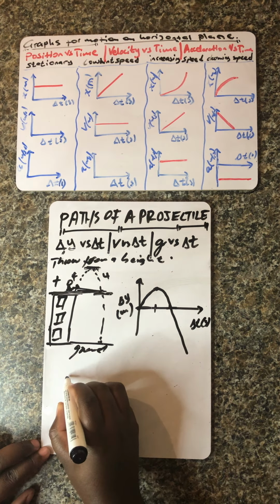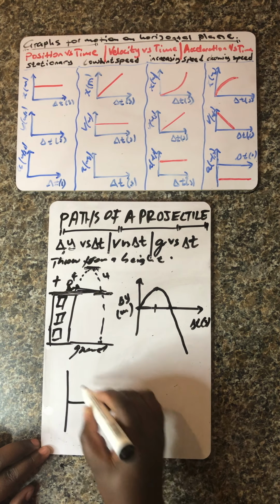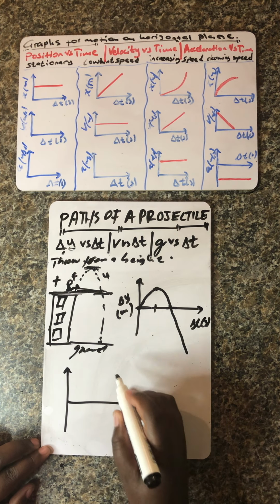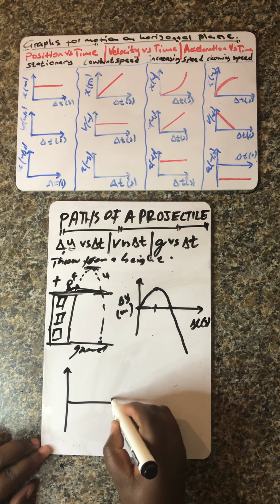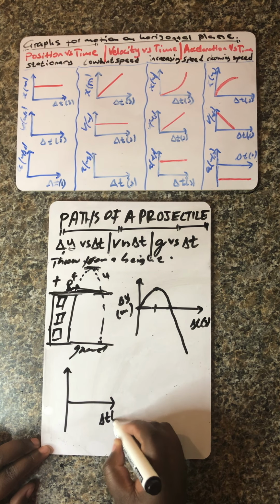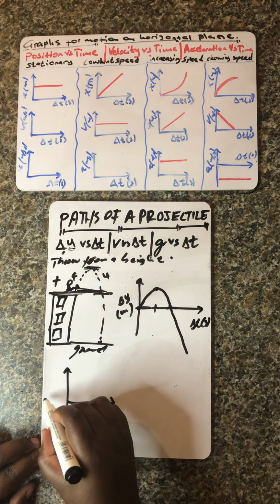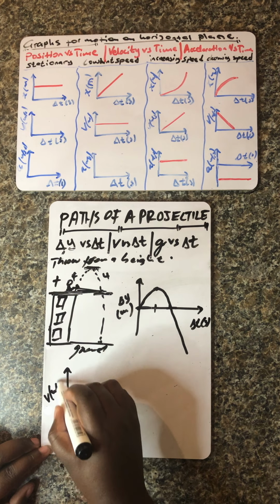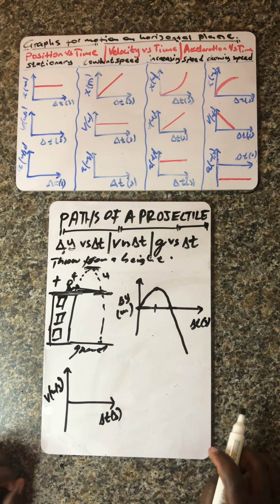So now let's draw another graph. Ladies and gentlemen, this is the one of delta t in seconds versus velocity in meters per second. Very, very important, ladies and gentlemen.